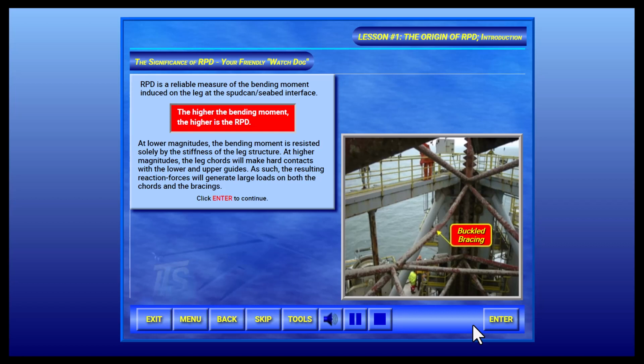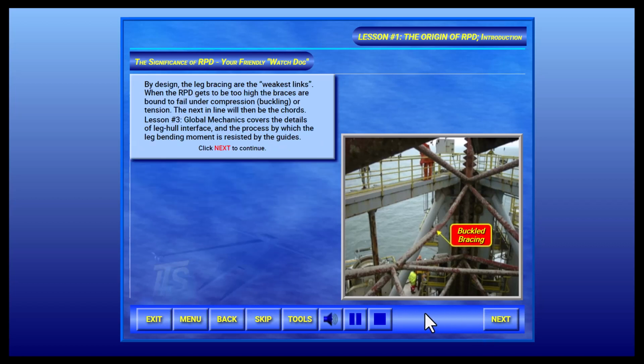At lower magnitudes, the bending moment is resisted solely by the stiffness of the leg structure. At higher magnitudes, the leg cords will make hard contacts with the lower and upper guides. As such, the resulting reaction forces will generate large loads on both the cords and the bracings. By design, the leg bracings are the weakest links.